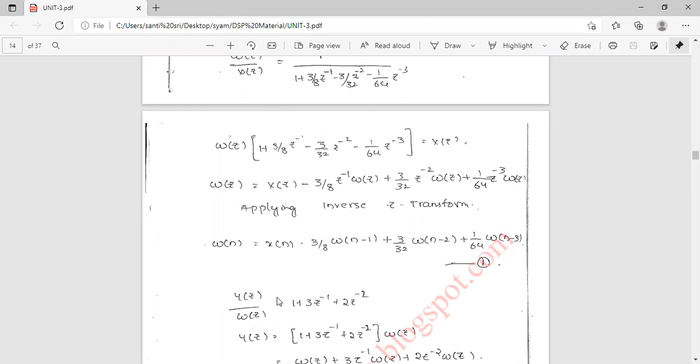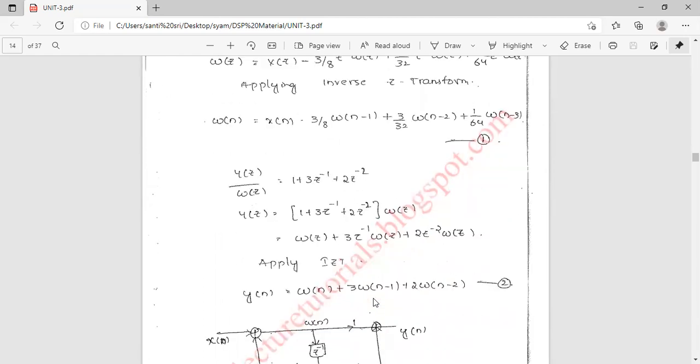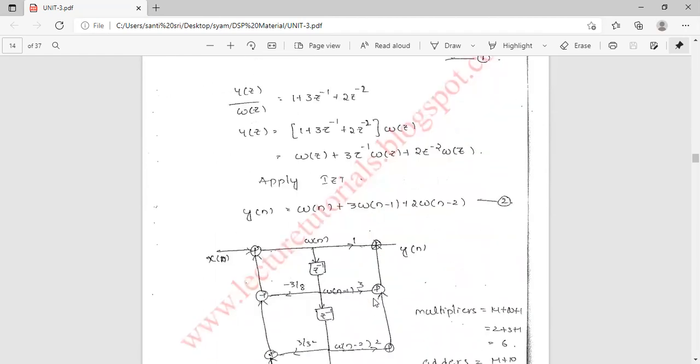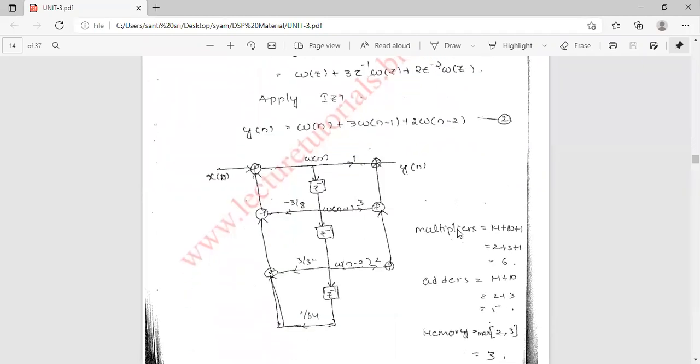And Y of z by W of z equal to 1 plus 3 into z power minus 1 plus 2 z power minus 2. Here also we apply the inverse z transform, so that we get y of n equal to w of n plus 3 into w of n minus 1 plus 2 into w of n minus 2. For this we draw the direct form 2 structure.